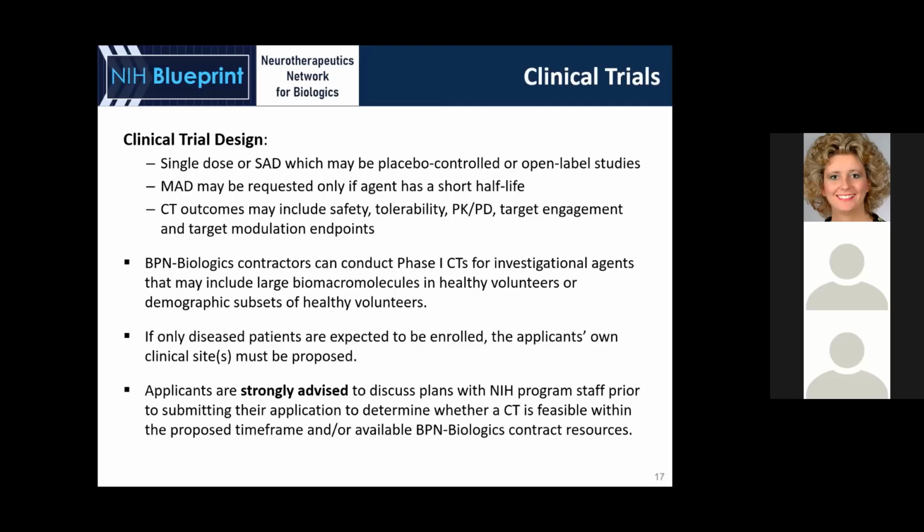So when planning the clinical trial component of your application, we strongly urge you to discuss your plans with us, NIH program staff, prior to submitting your application to determine whether a clinical trial is both feasible within the time frame and whether available BPN Biologics contract resources are needed.